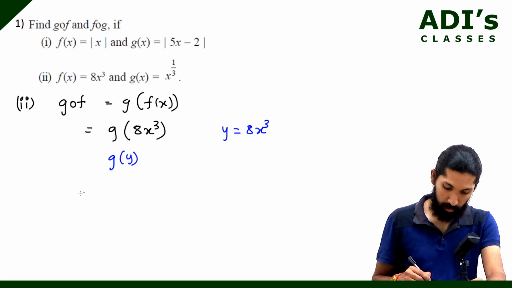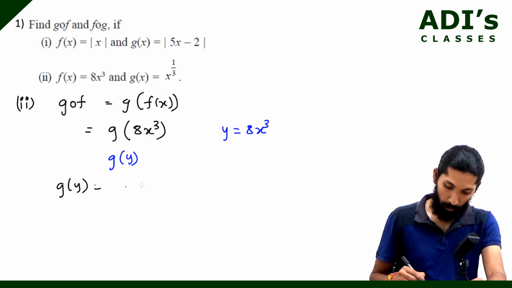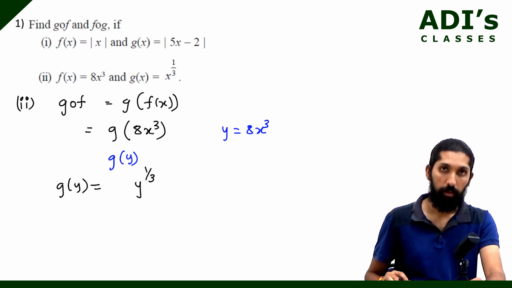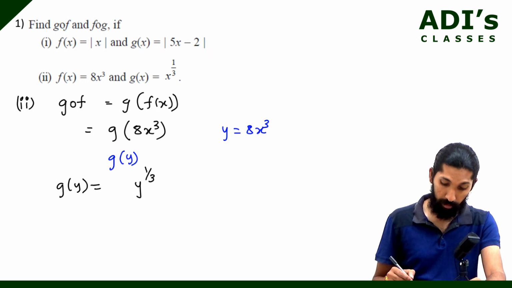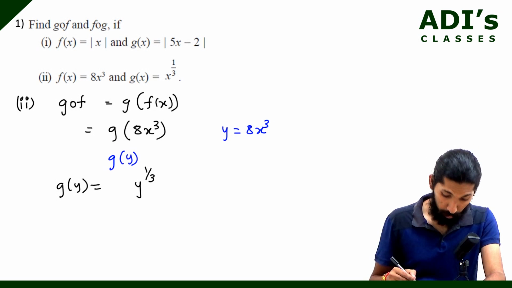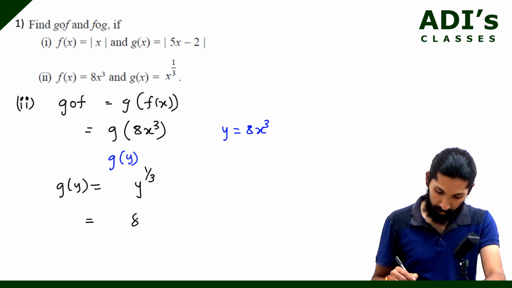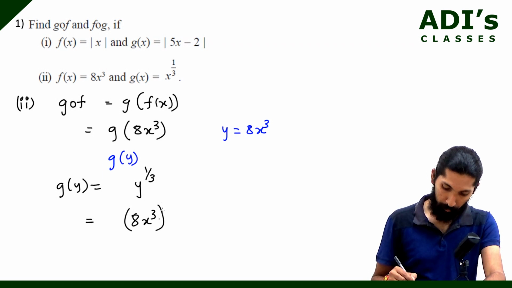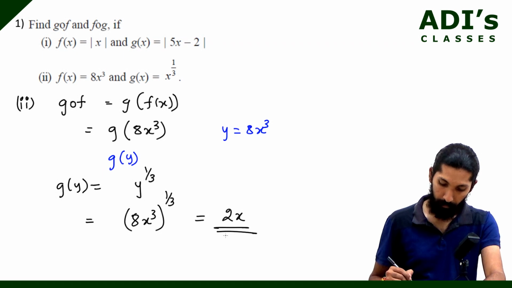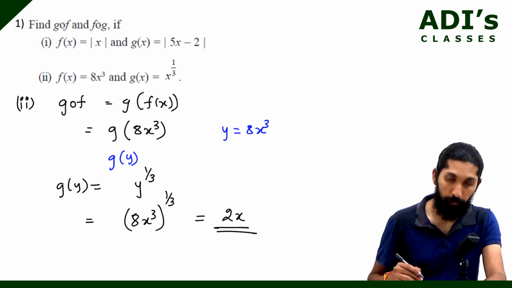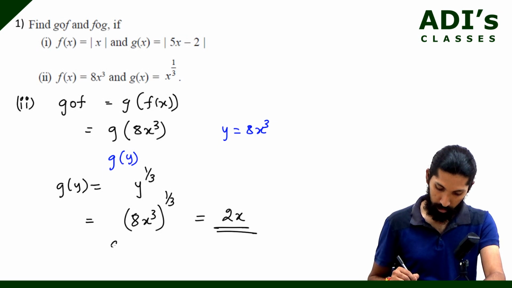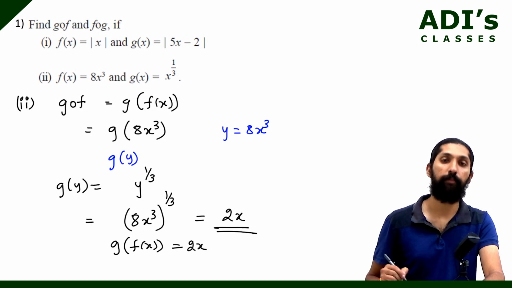G of y becomes y to the power 1 by 3, correct? So g of y is y power 1 by 3. Now what do we do? Substitute that y value. So this will give me 8x cube whole to the power 1 by 3, which is nothing but 2x. So here you can write g of f of x is nothing but 2x.